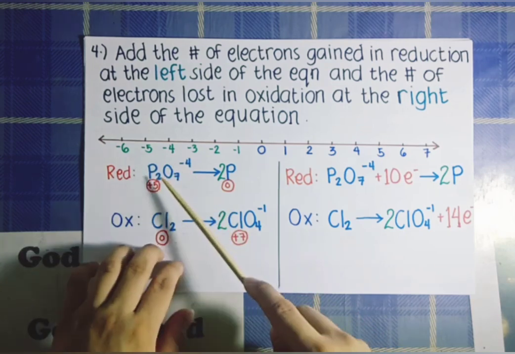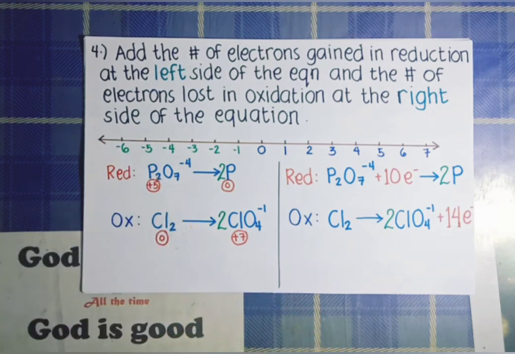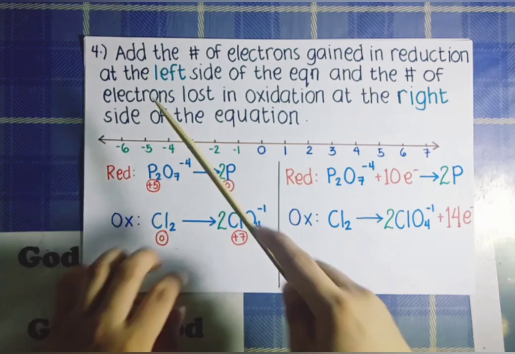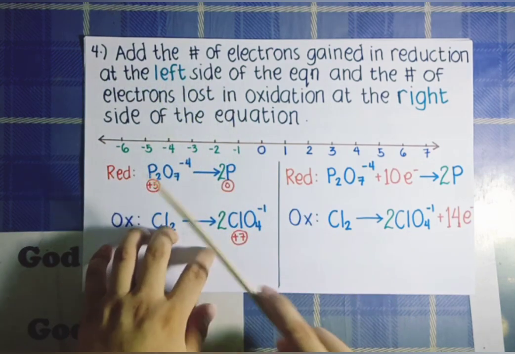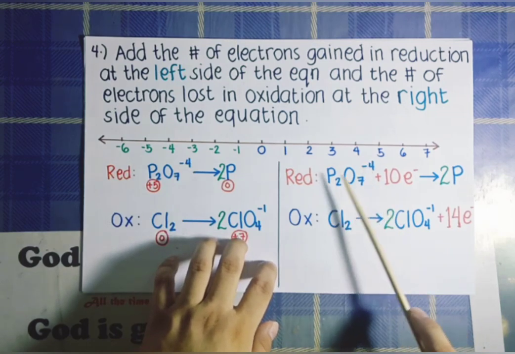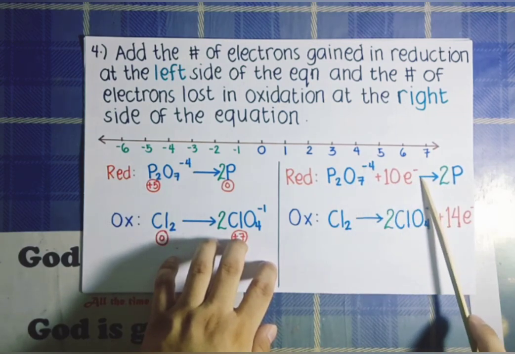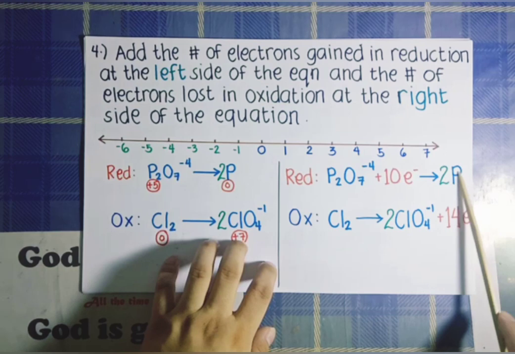However, because we have here 2 phosphorus atoms, we are going to multiply those 5 electrons by 2, and we will have 10 electrons. Where are we going to put those 10 electrons? Again, at the left side of the equation. And we will have pyrophosphate ion plus 10 electrons will yield 2 phosphorus.